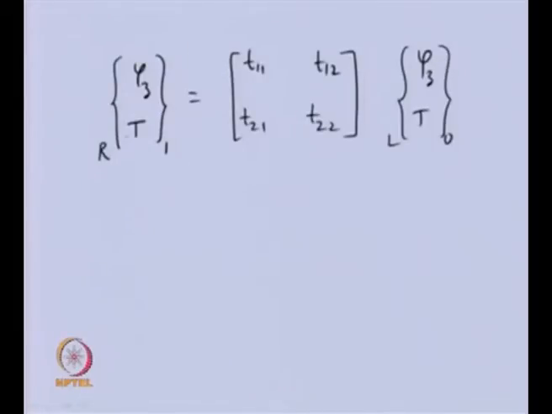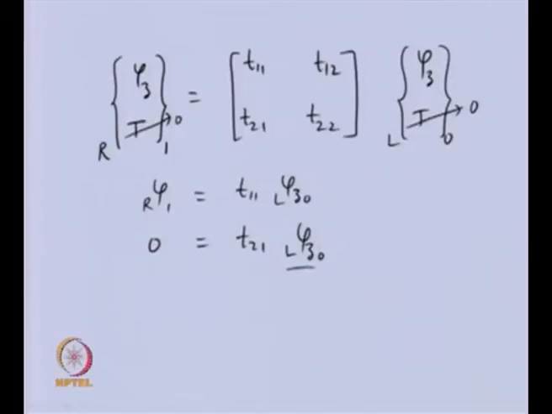So, right of 1 is 0 and left of 0 is 0. You can see that if we expand this, we will get this from the first equation, and this is from the second equation.